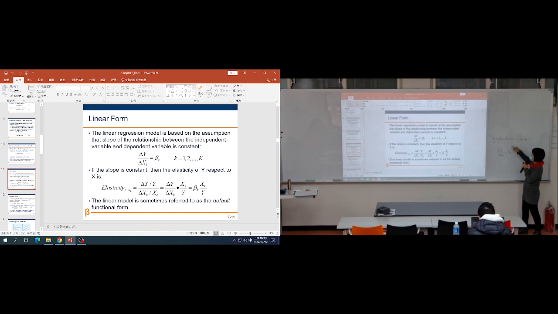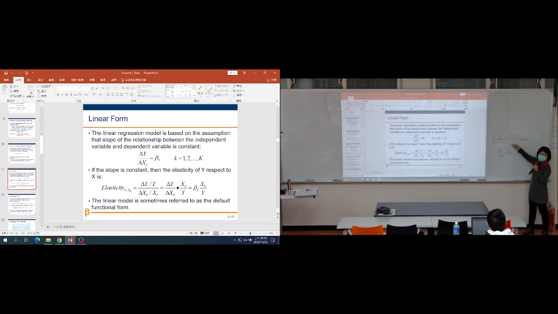And we interpret any beta as: when the measurement unit of x increases by 1, then y will increase or decrease by beta k units. So this is the regular form we have been talking about so far, but from now on we are talking about several linear forms instead of just this one.